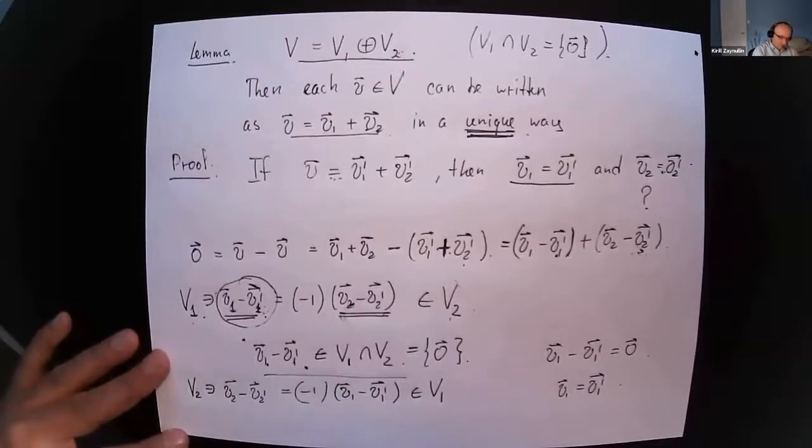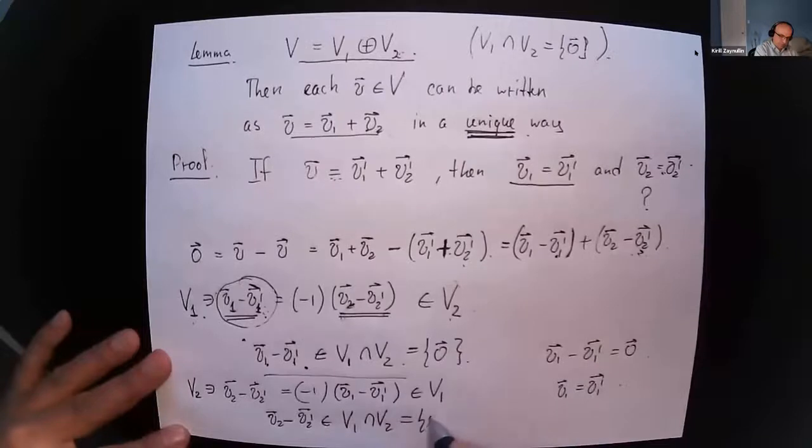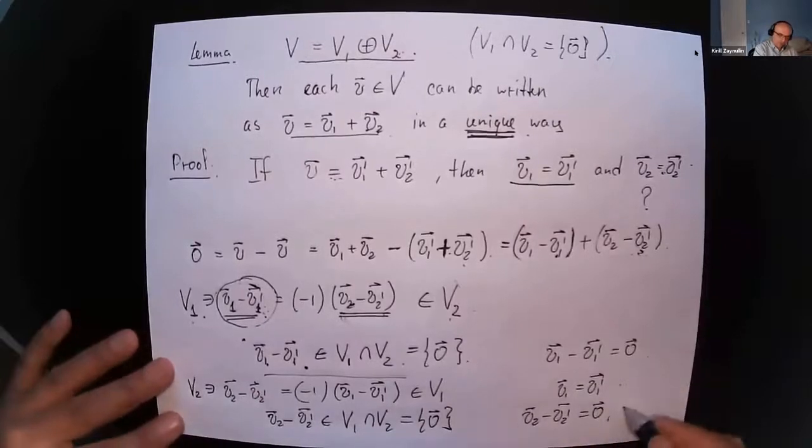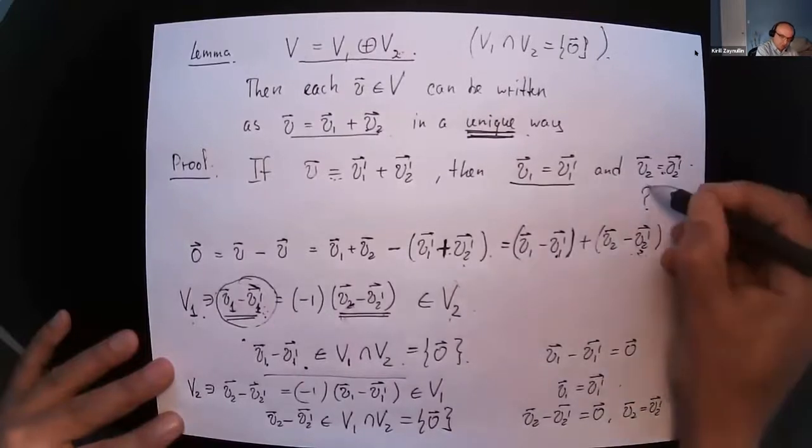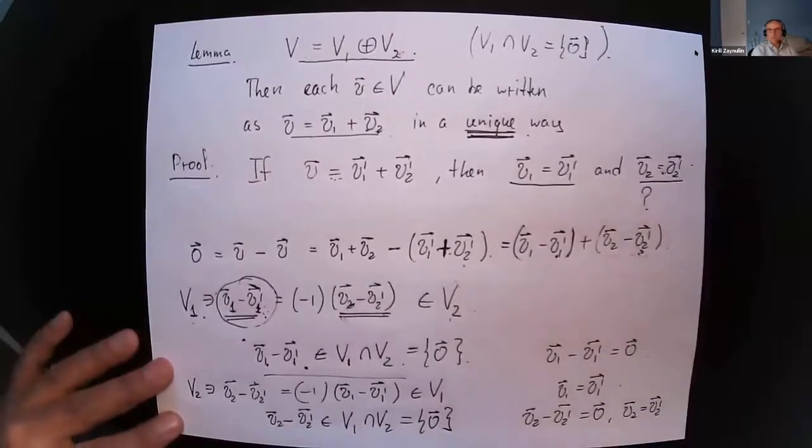So again, V2 minus V2 prime has to be in the intersection, which is trivial, which is 0. So V2 minus V2 prime is 0, meaning that these two vectors also coincide. And this gives us the second equality.